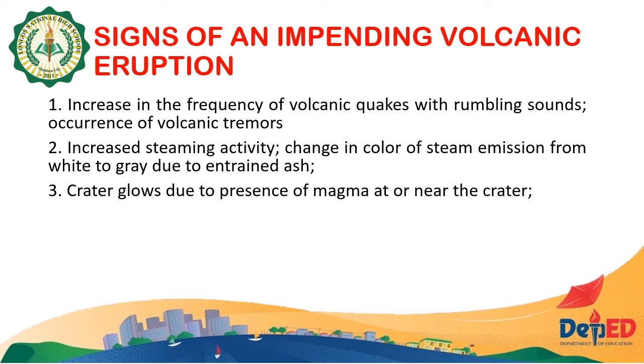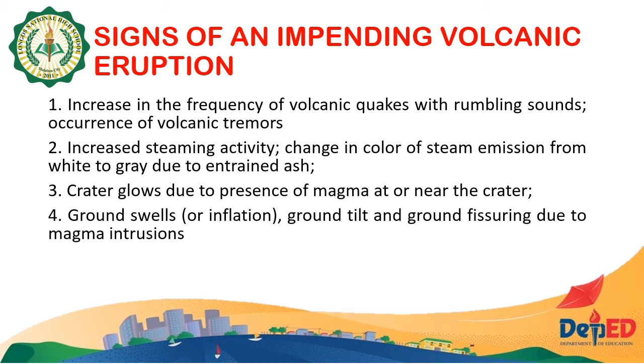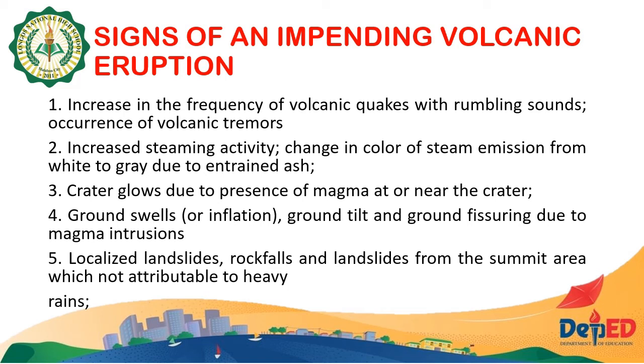Number 3, crater glow due to the presence of magma at or near the crater. Number 4, ground swell or inflation, ground tilt, and ground fissuring due to magma intrusion. Number 5, localized landslides and rock falls from the summit area not attributable to heavy rains.